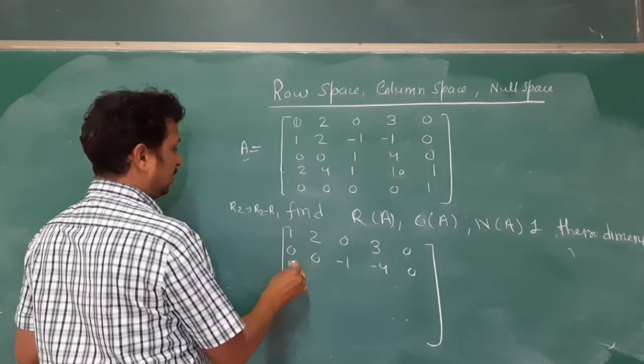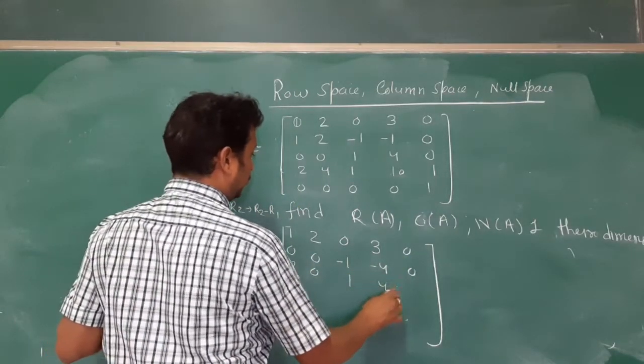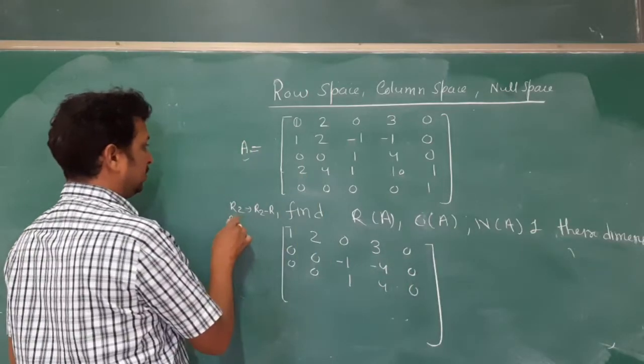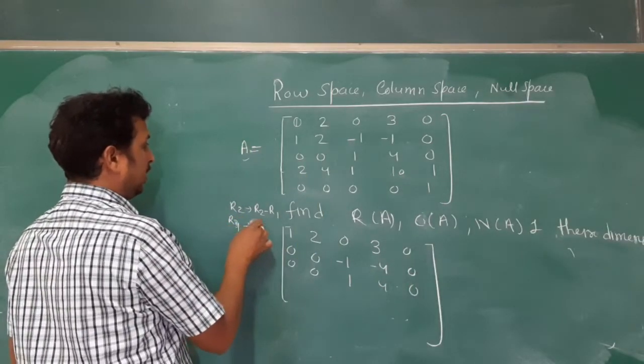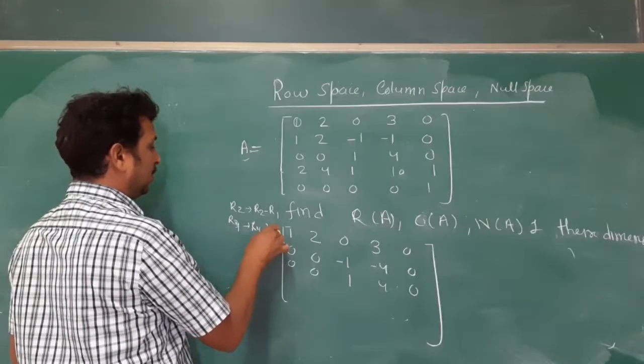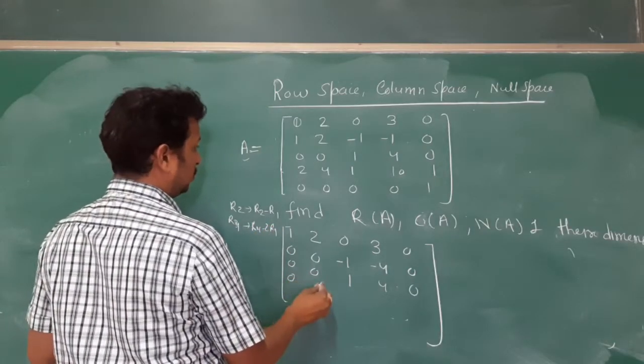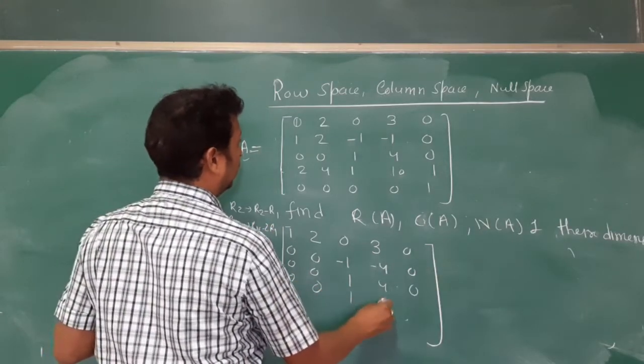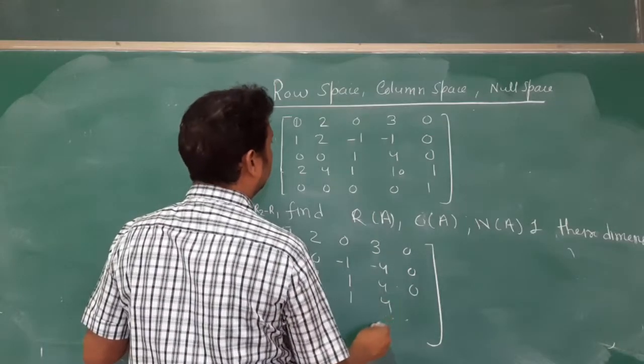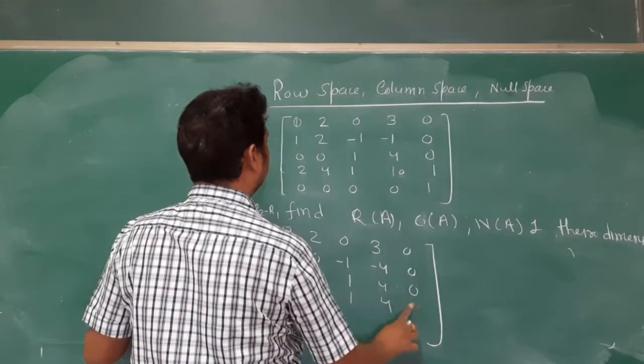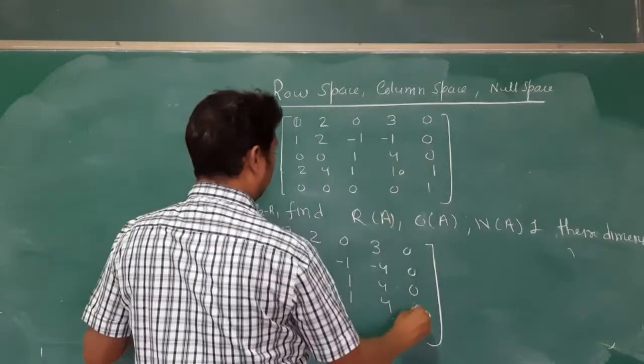Then this is already 0, no need to change. This one we are going to change. So R4 is equal to R4 minus 2R1. So it is 0, 0, 1, 4, 5.